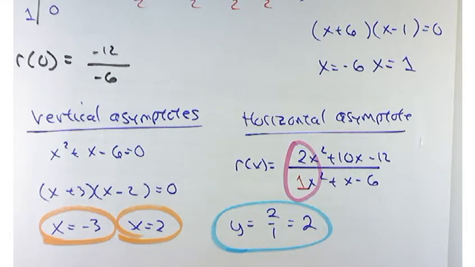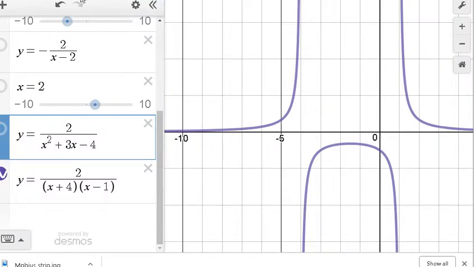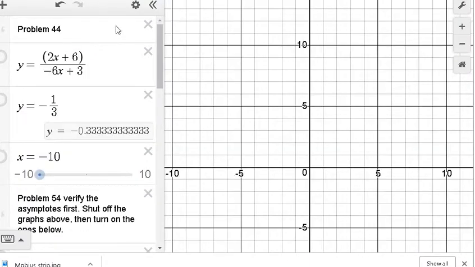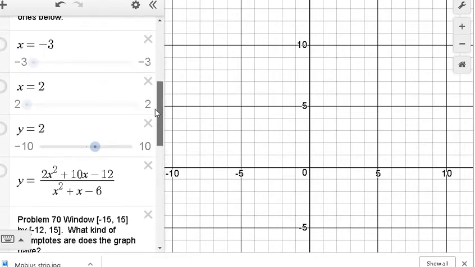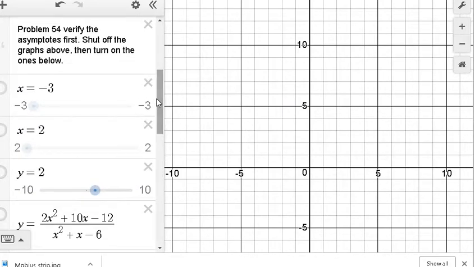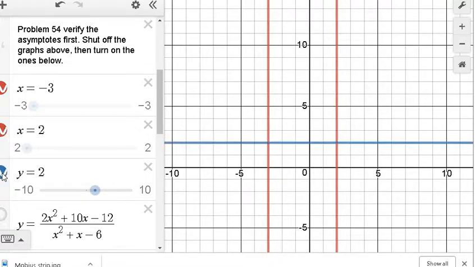We'll see if we can't verify some of that stuff. Now you can verify it on your graphing calculator. I'm not going to take the time to do it there. Let's do it here on Desmos. I sent you the link earlier. So we saw that we had a vertical asymptote at -3 and another one at 2. Horizontal asymptote at y equal 2. Now your graph can cross the horizontal asymptote.